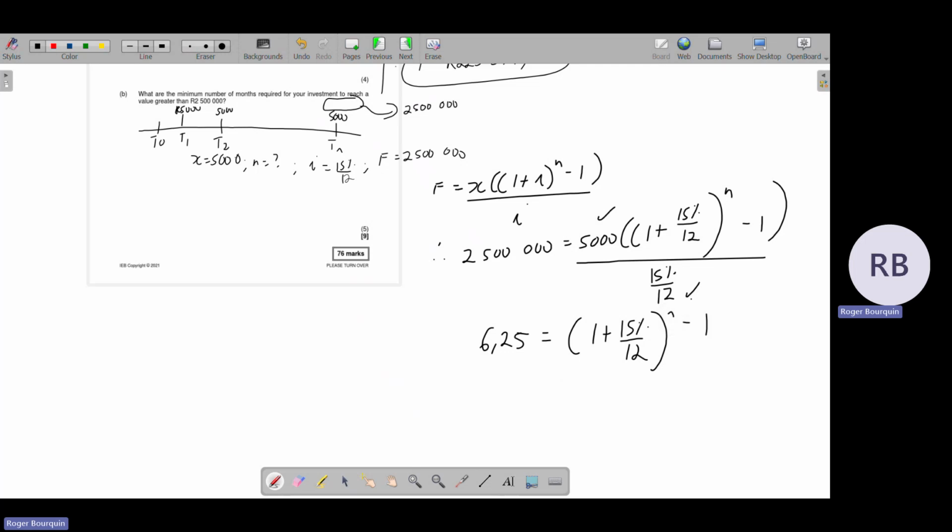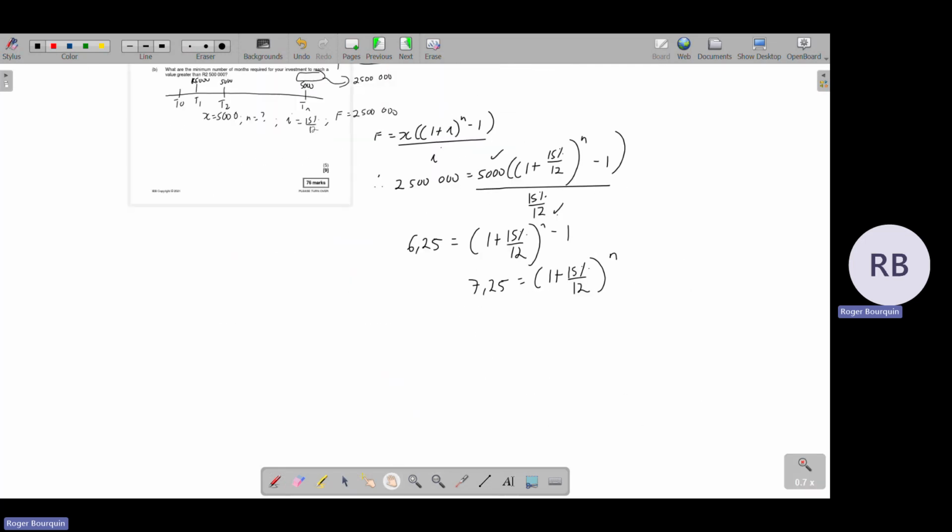So 7.25 is equal to 1 plus 15% over 12 to the n, because you add 1, don't you? Yes. Or 29 over 4. Okay, so how do I write that as a log? n is equal to log base 1 plus 15% over 12 of 7.25, or 29 over 4.